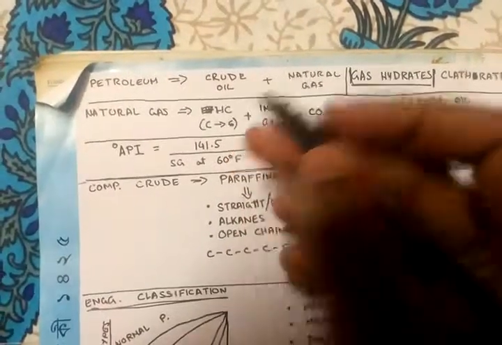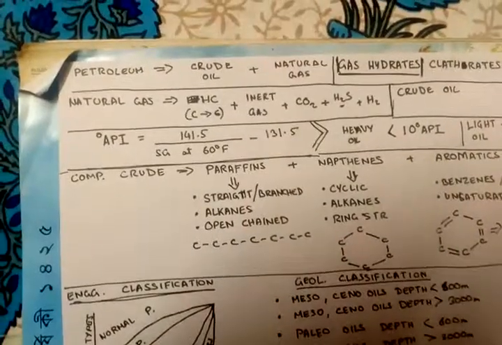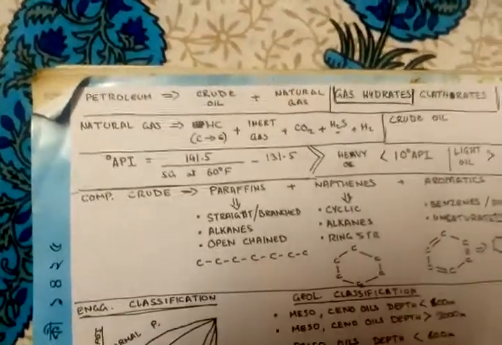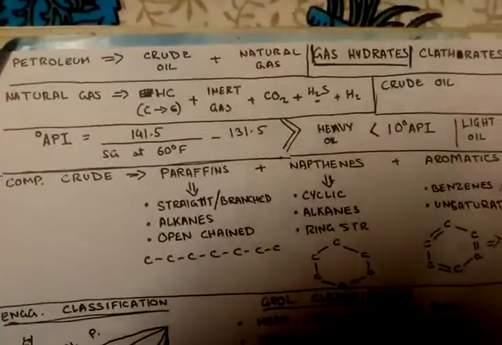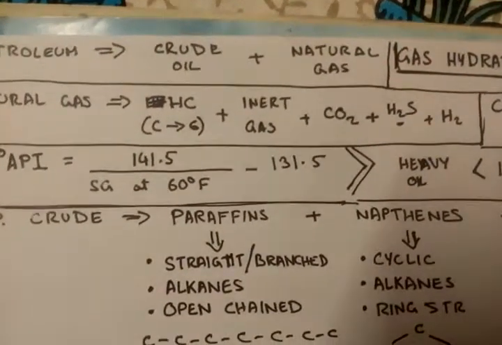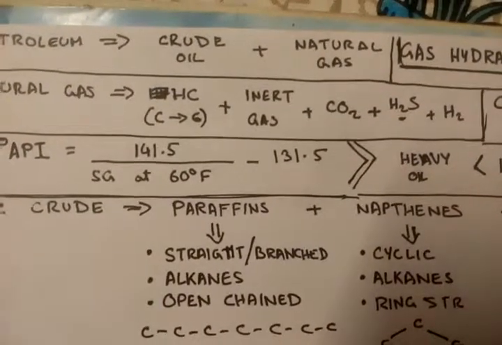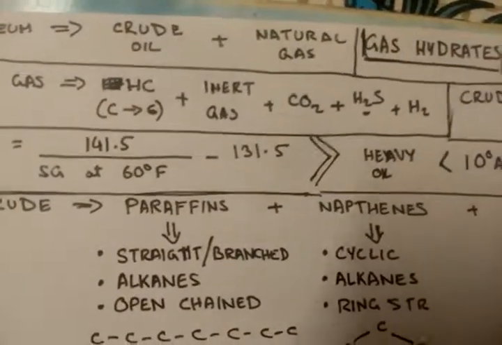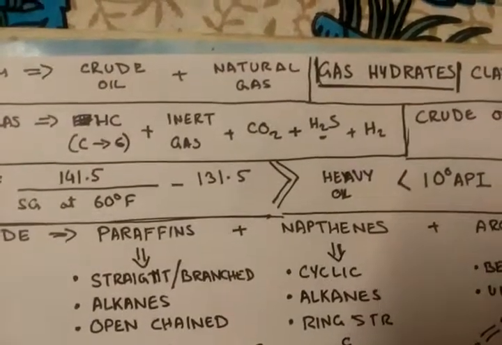The hydrocarbons are always alkanes, with carbon less than or equal to 6, comprising mostly methane to hexane. After that, there are inert gases like helium, argon, neon, etc. After that, there is carbon dioxide.